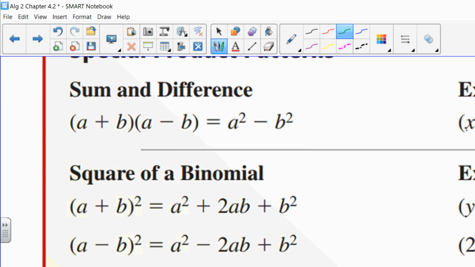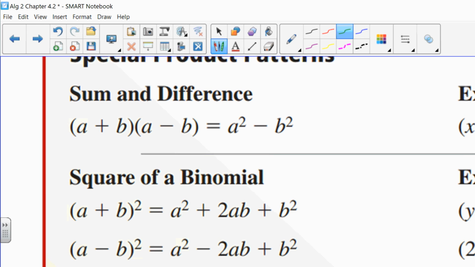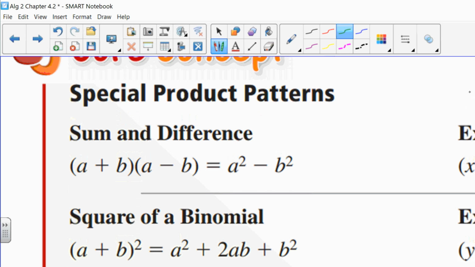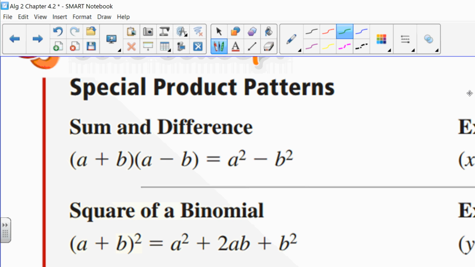Now what we have here are some special properties or special product patterns that we can use. Because if we have, like the first one, sum and difference, two monomials being multiplied together that are the exact same except for the fact that the sign in the middle is different, their product is going to end up being a squared minus b squared, the first term times itself, minus the second term times itself.